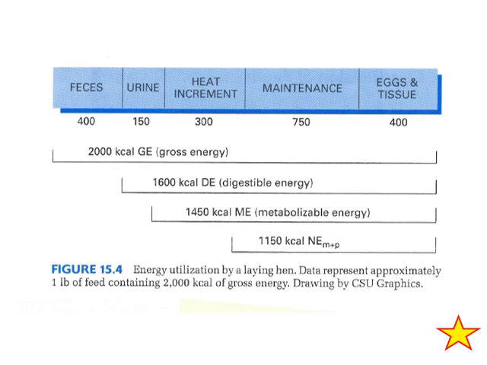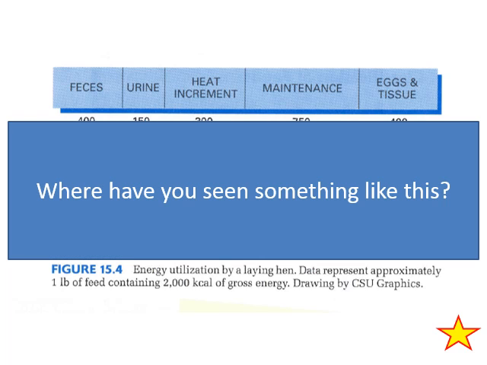So where have we seen something like this before? I drew up on the board, we can think about this very similarly to the money in our paycheck. So we have a gross income, and then what we get to take home, our take home pay, is our net income.